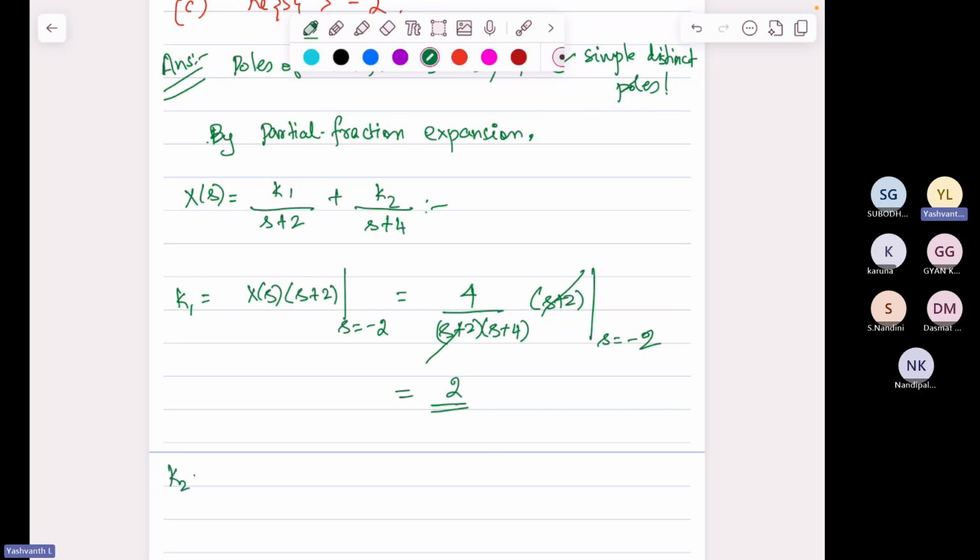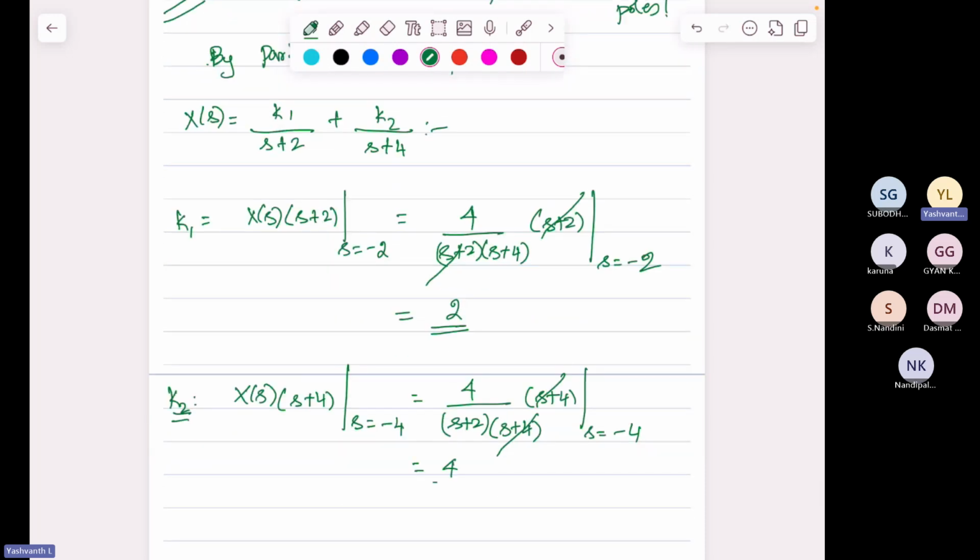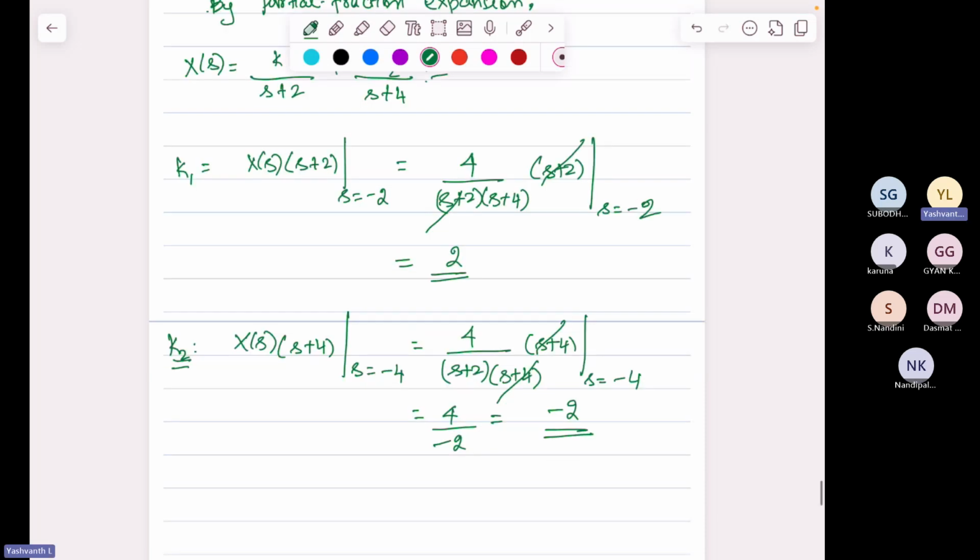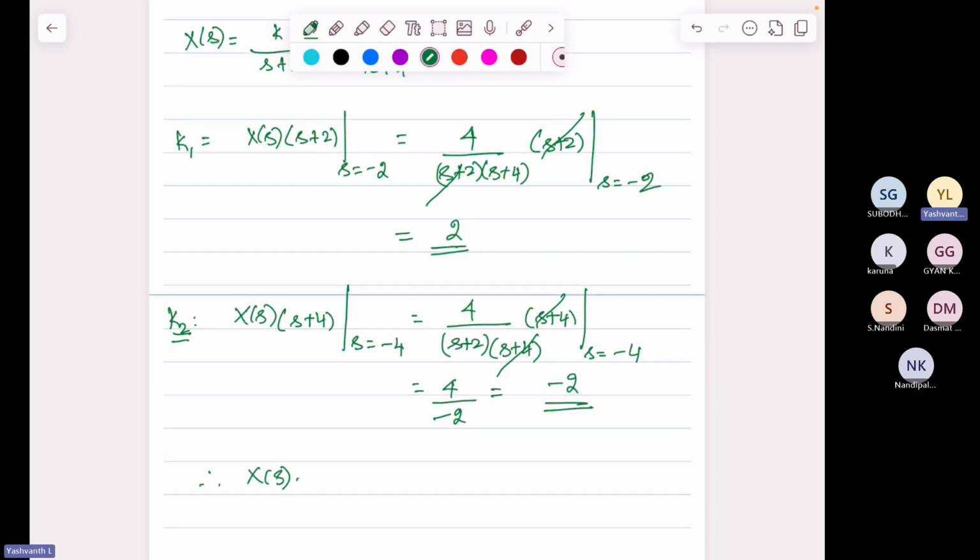Similarly, k2 equals x of s into (s plus 4) at s equal to minus 4. It's nothing but 4 by (s plus 2) into (s plus 4), into (s plus 4) at s equal to minus 4. So (s plus 4) gets cancelled. So it is 4 by minus 2, equal to minus 2. Therefore, x of s equals 2 by (s plus 2) minus 2 by (s plus 4).